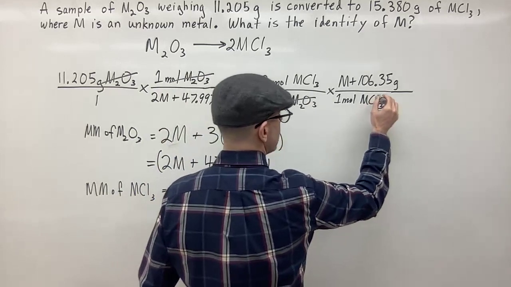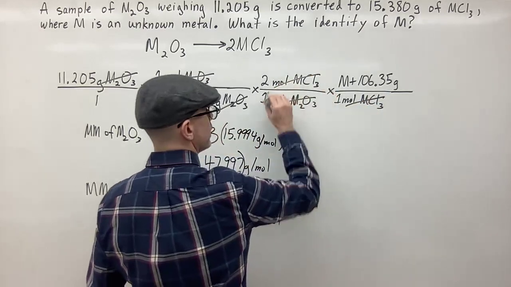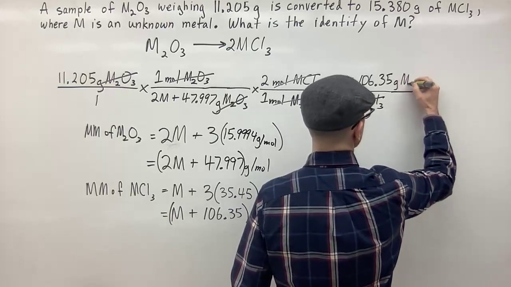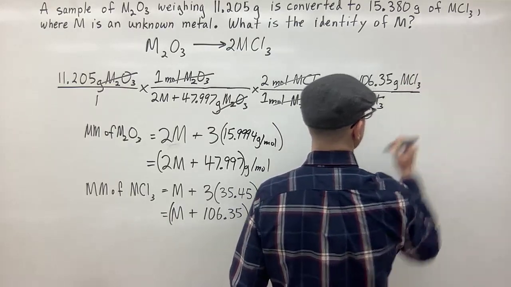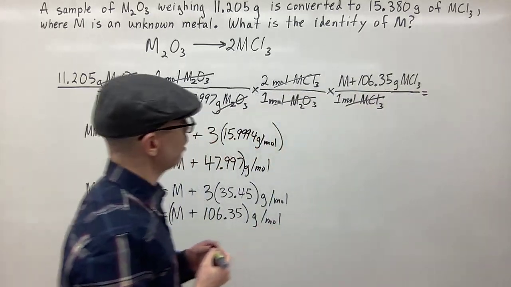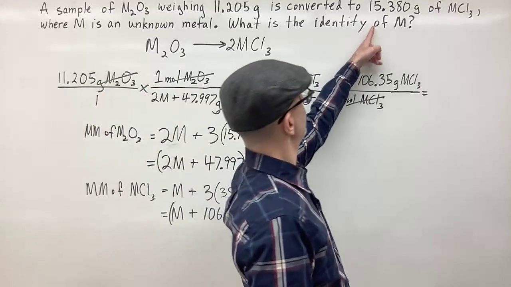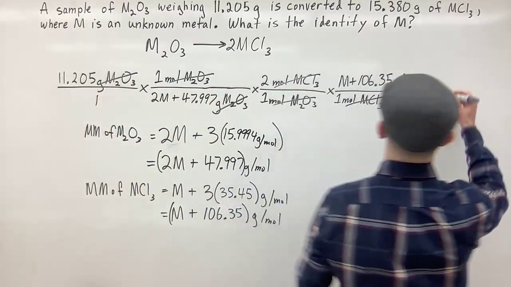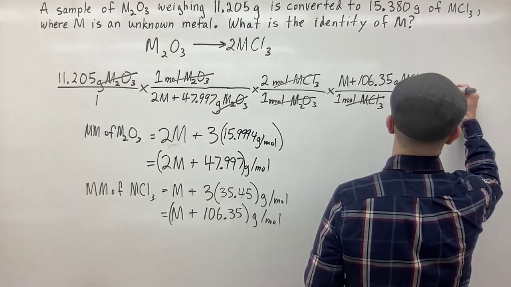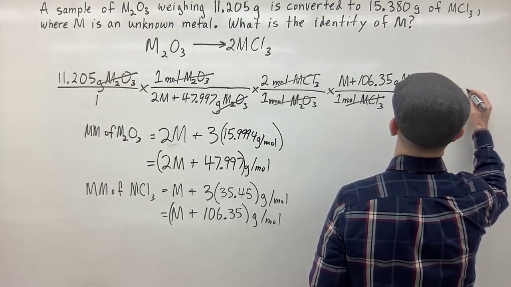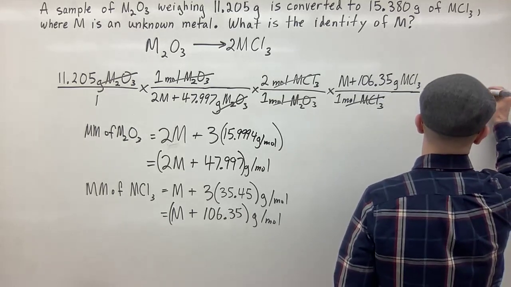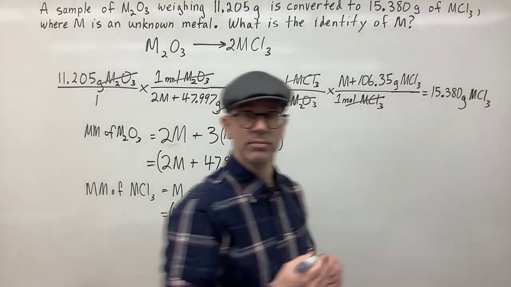And the moles of MCl3 are going to cancel out. Now I have grams of MCl3, and that calculated out should give me the 15.380 grams of MCl3.